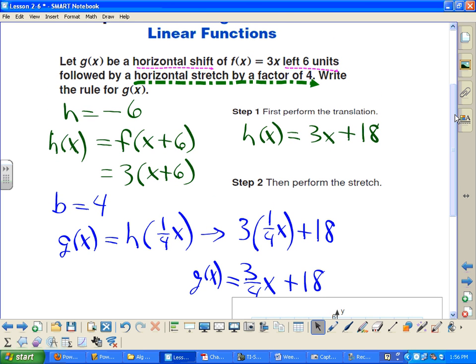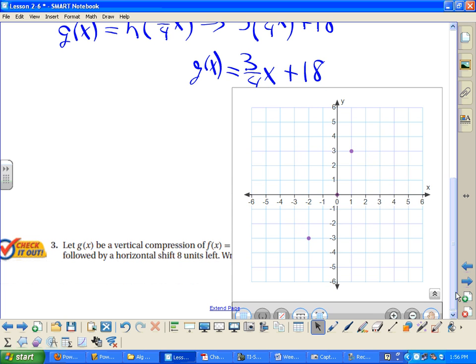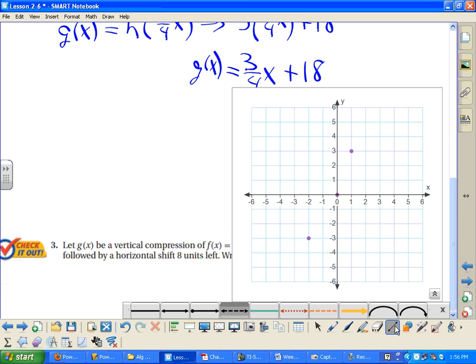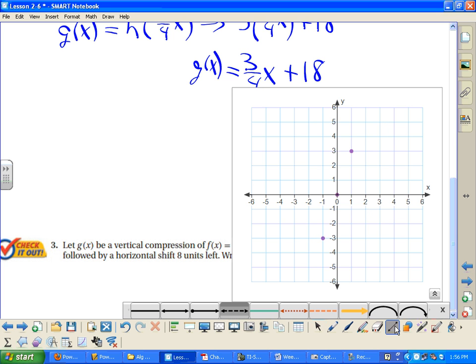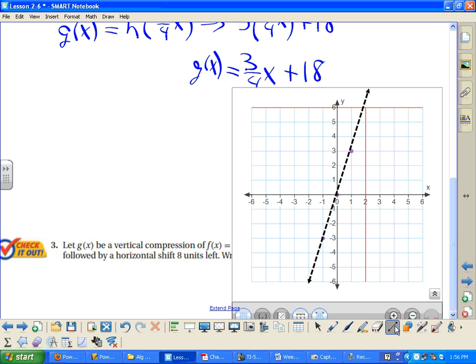F of x equals 3x. Okay, I'm graphing the original right now. The original graph. It should be there, not there. Okay. So the original graph is here.